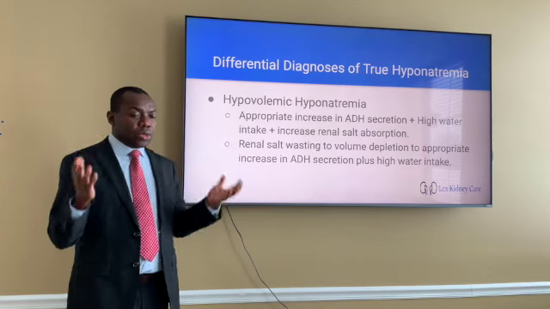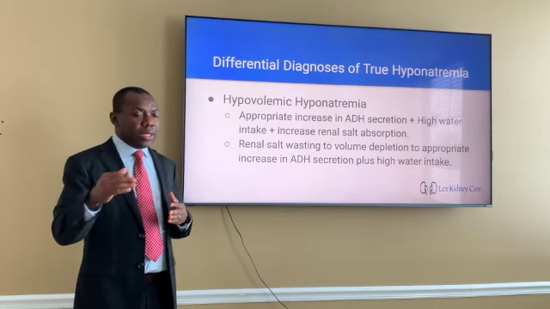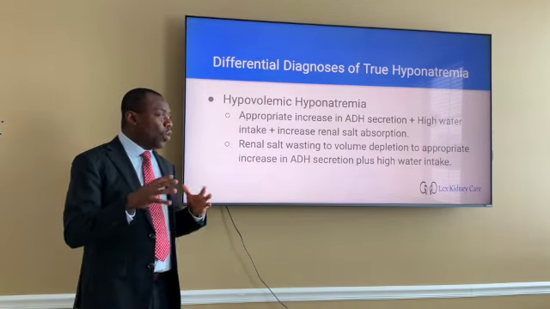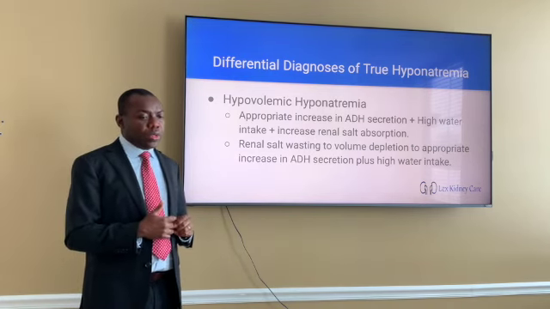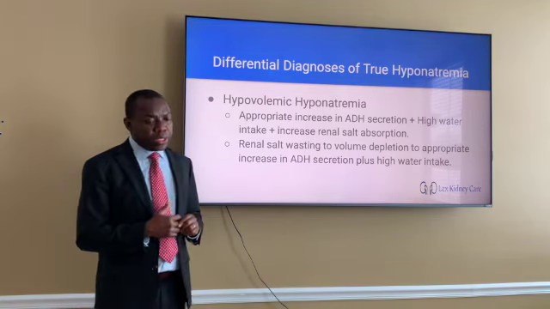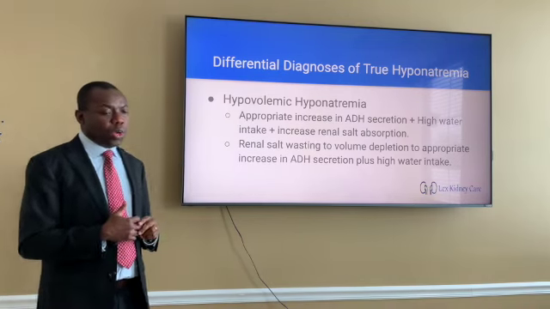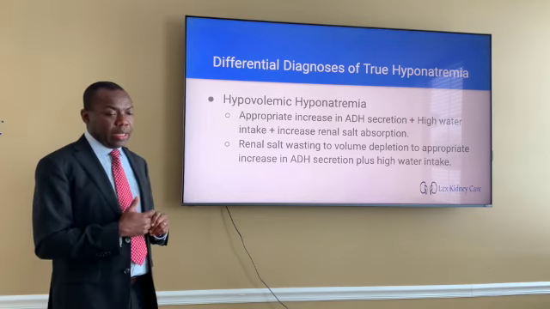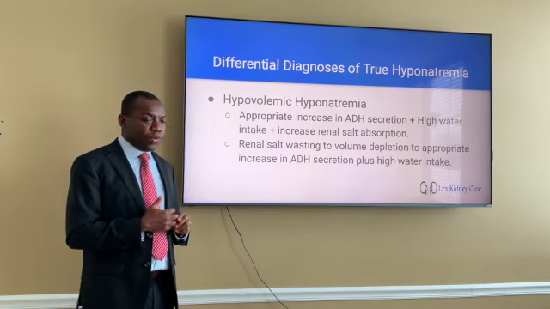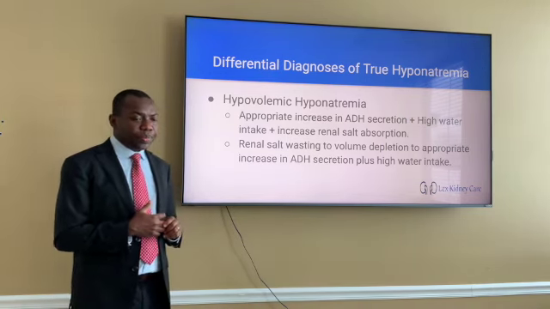So all this combination culminates in a state where you have low volume and then you have low sodium level. So renal salt wasting leads to volume depletion, to appropriate increase in ADH secretion plus high water intake. It's a typical example of hypovolemic hyponatremia.